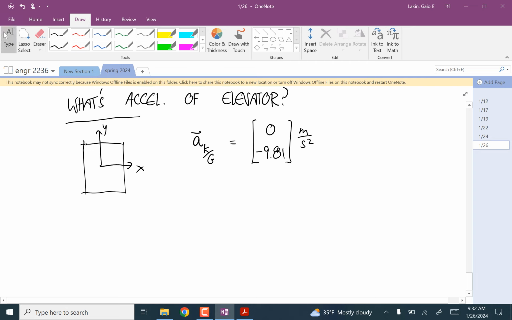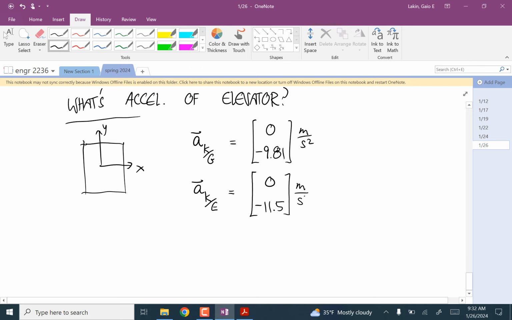We know that the acceleration of the keys relative to the elevator is 0, negative 11.5.